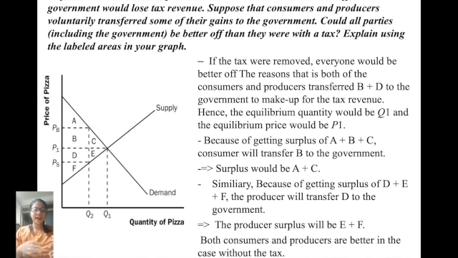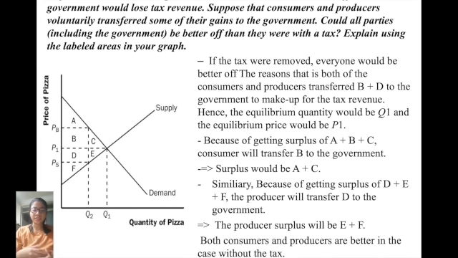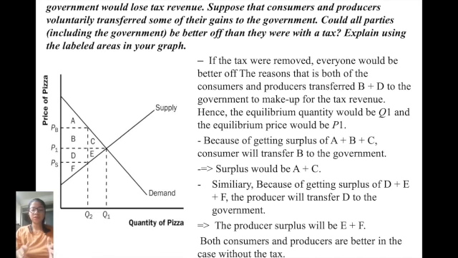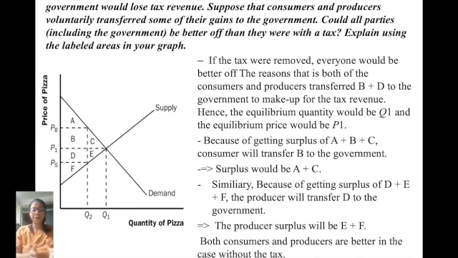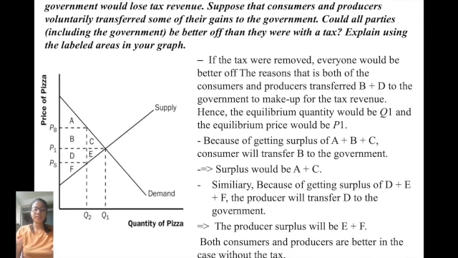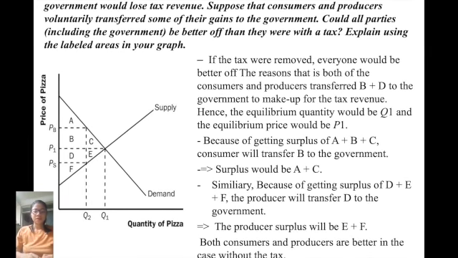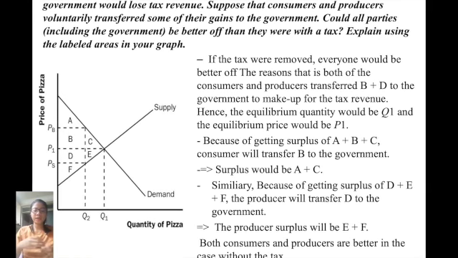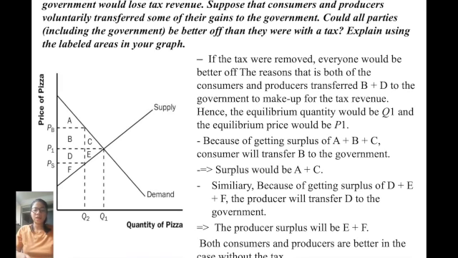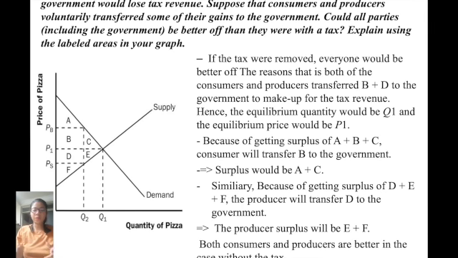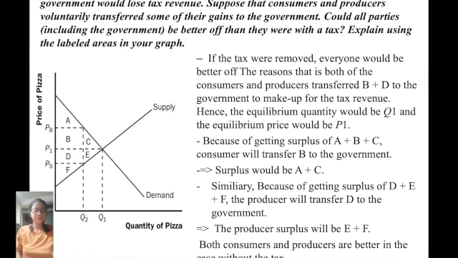The reason is that part of the consumer and producer surplus could be voluntarily transferred, the area P plus D, to the government to make up for the tax revenue. So the result is the equilibrium quantity would be Q1 and the equilibrium price would be P1.